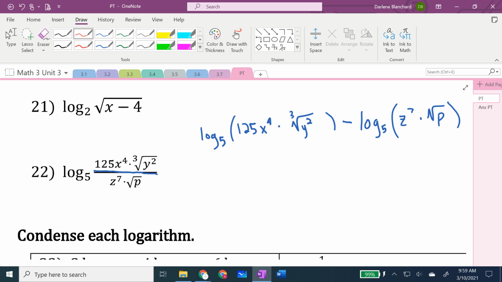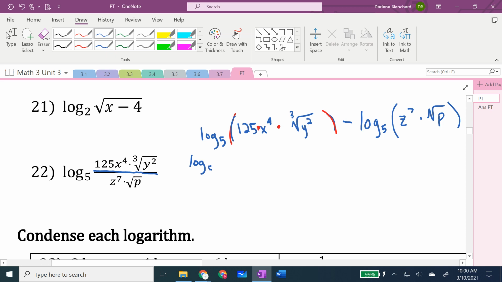Now, as I look at this parentheses, I'm looking for all the multiplication of things. 125 is multiplying to x to the fourth. And then there's another multiplication of the cube root of y squared. So what I'm going to do is split this up, expand this into 3 logarithms because of the multiplication.